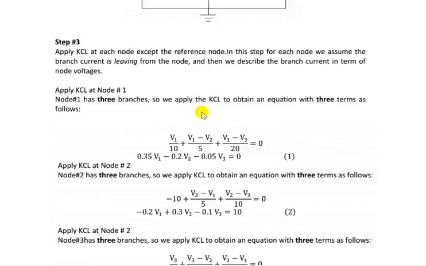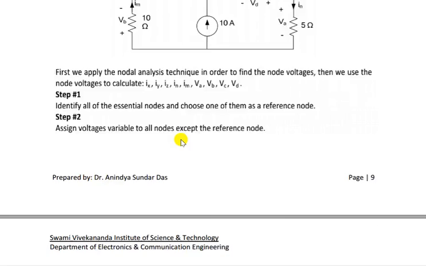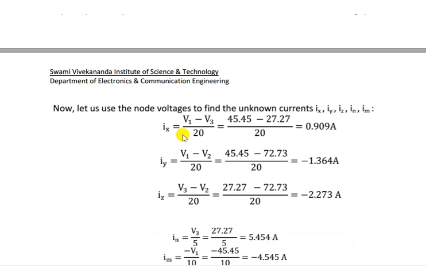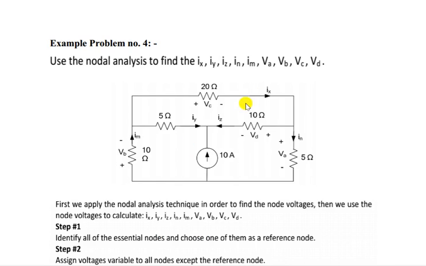Then according to the question, you have to find the currents Ix, Iy, Iz, Im, In. Now Ix is through this 20 ohm resistor.